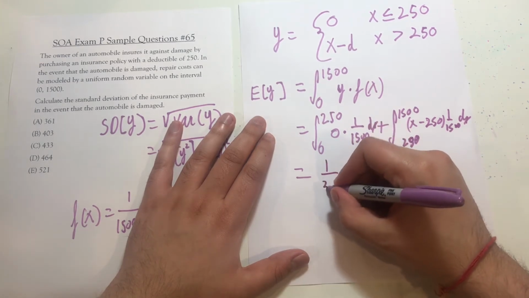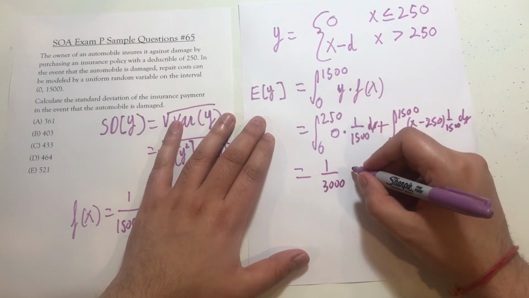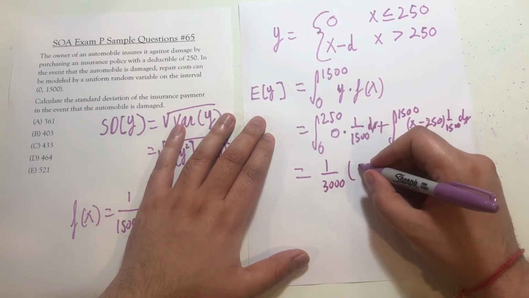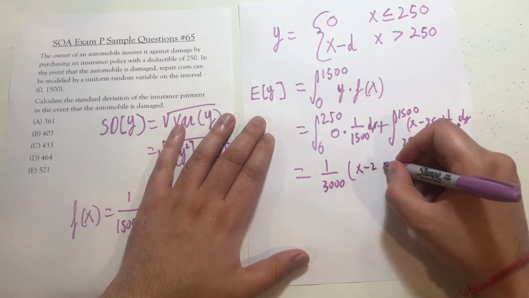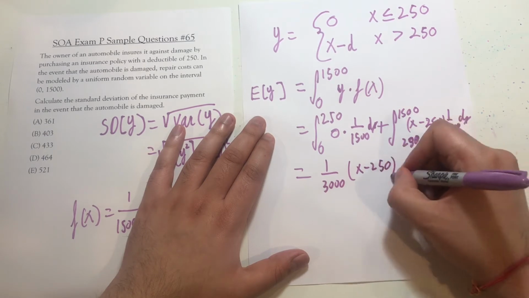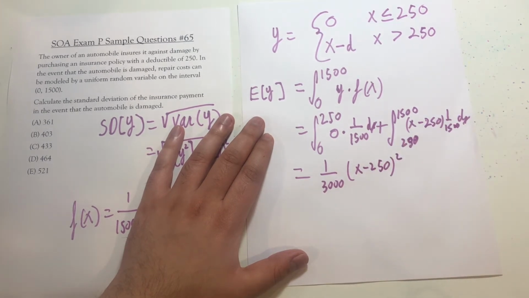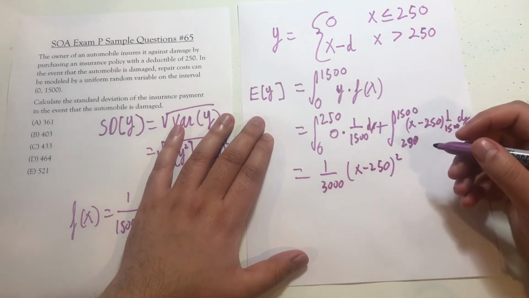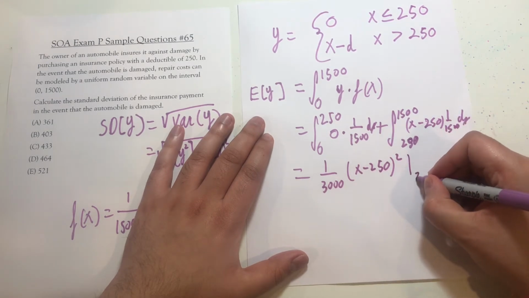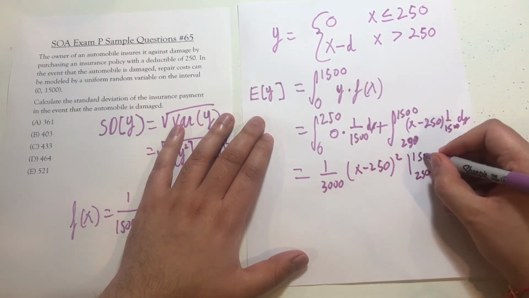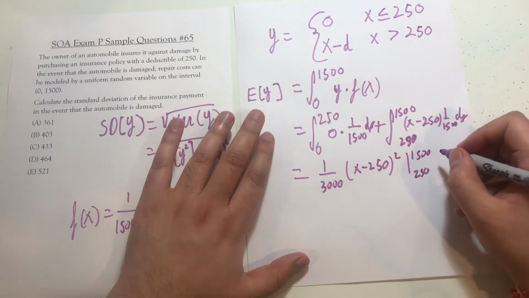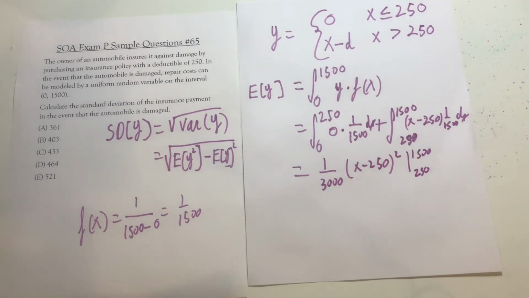1 over 3,000 times x minus 250 squared. And obviously that's going to be evaluated from 250 to 1,500. And let me just plug that into my calculator real quick.